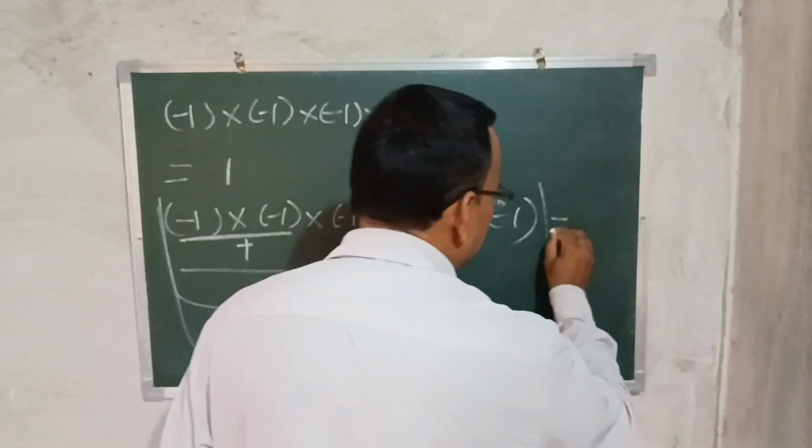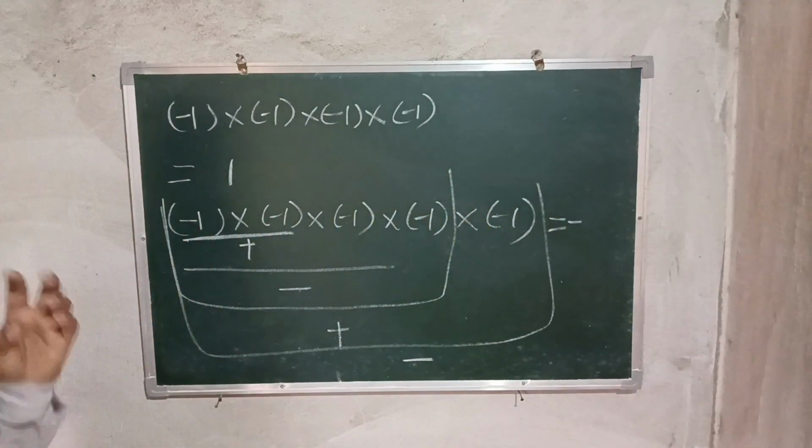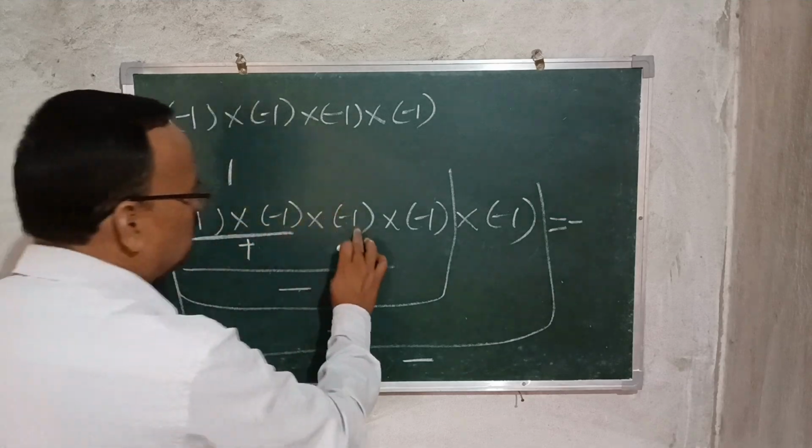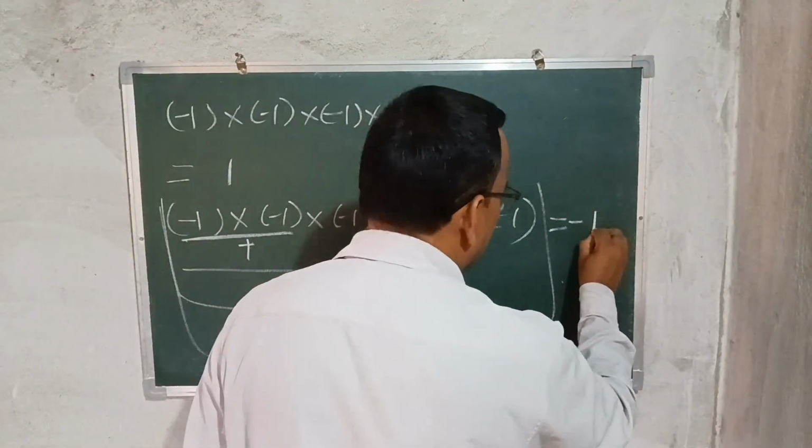So the result will be minus, and 1 into 1 into 1 into 1 into 1 is minus 1.